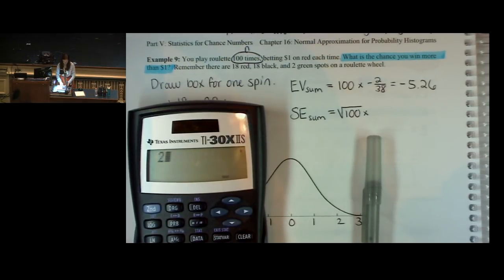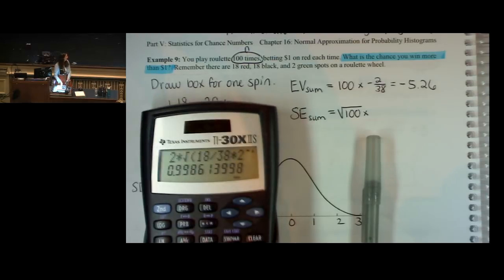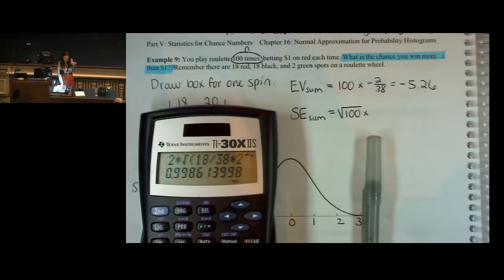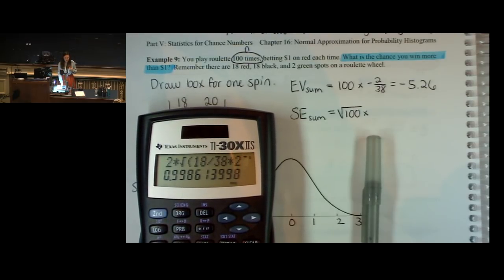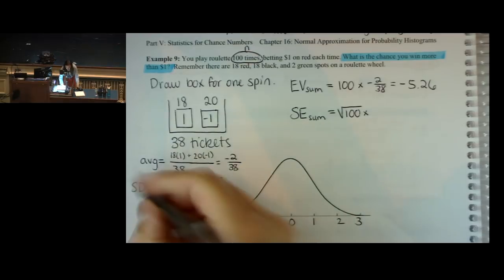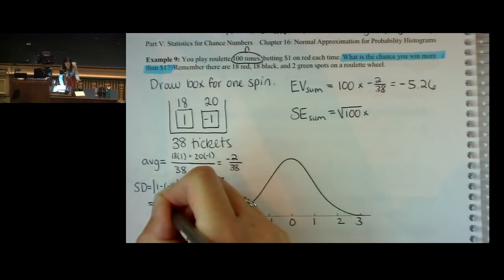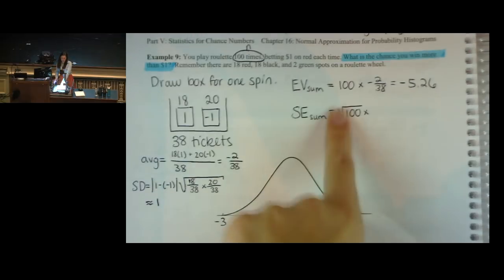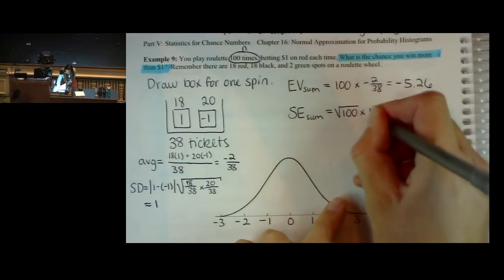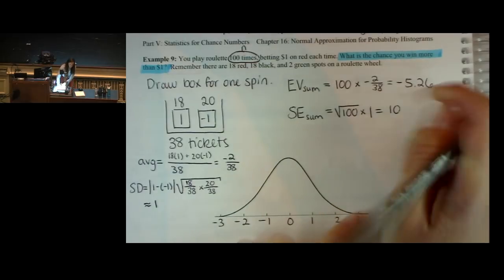So I have 2 times the square root of 18 over 38 times 20 over 38. And I get, can you guys see that? 0.9986. I'm just going to round that to 1. So the standard deviation is basically 1. So the square root of 100 times 1 is 10.